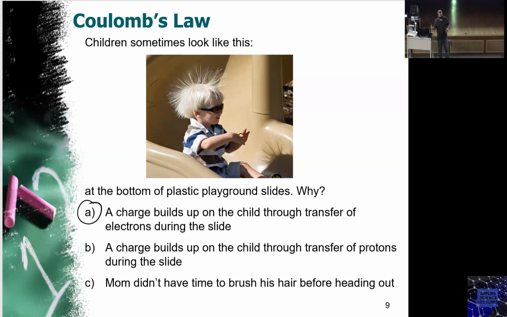So if it leaves its spot, then the number of electrons becomes less, and the number of protons becomes more, and that's why this object becomes positively charged. The object that the electron went to now has more electrons than protons, and that's why it becomes negatively charged. But protons do not move. Protons are locked in the nucleus.